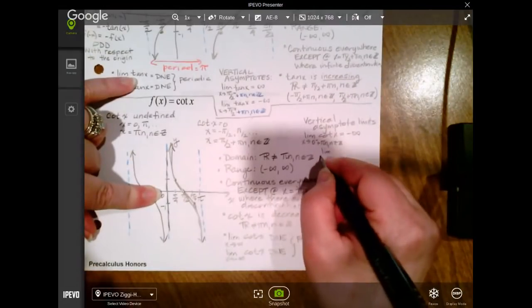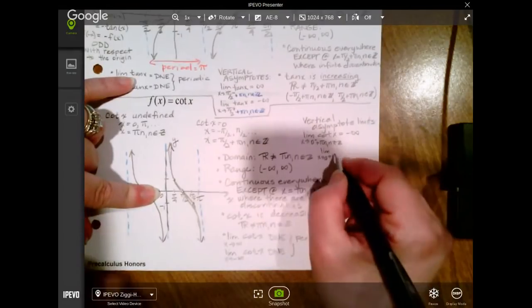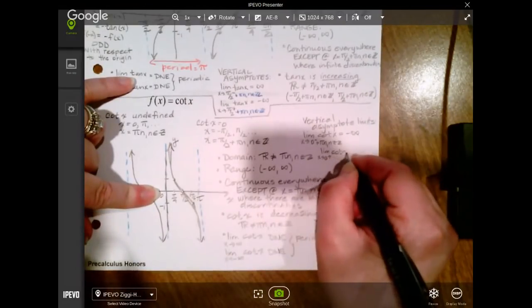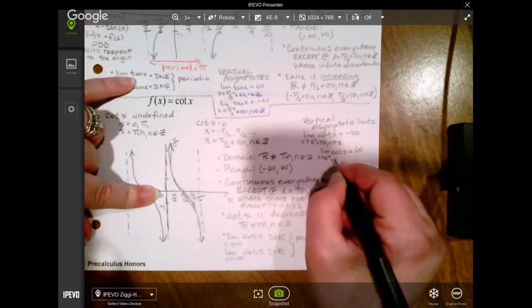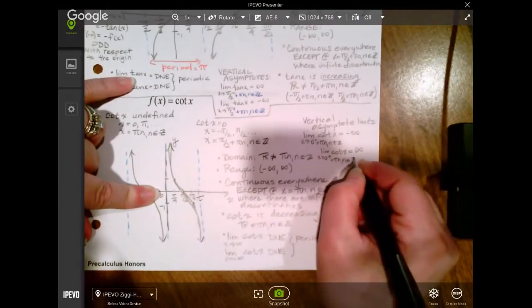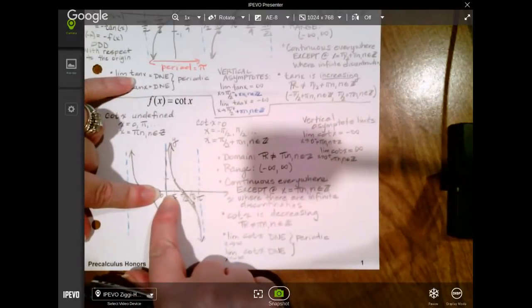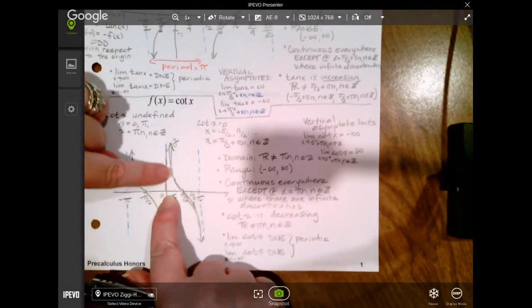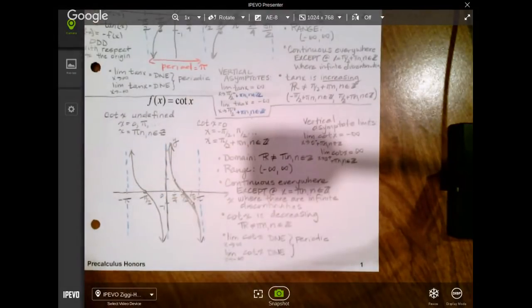And the limit as x approaches 0 from the positive side of cotangent of x is equal to positive infinity, and we can put plus pi n, n an element of the integers, and that covers all the asymptotes. So as x gets closer and closer to 0 from the positive side, the y is getting closer and closer to infinity. All right.